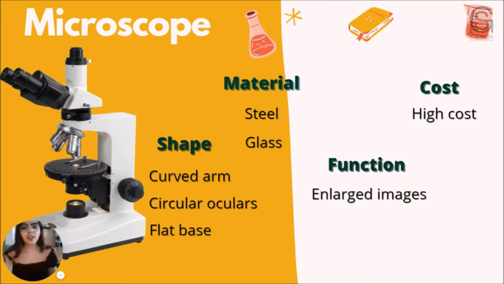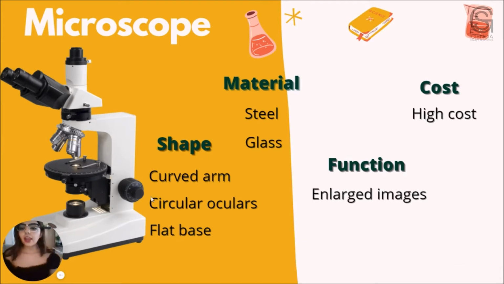So these are the 4 different categories that we are going to use, and we are going to start with its shape. As you can see in the image, it doesn't have a specific shape to describe, but you can describe some parts. For example, as you can see in the image, a microscope has a curved arm, this one, that works to hold the microscope, okay?